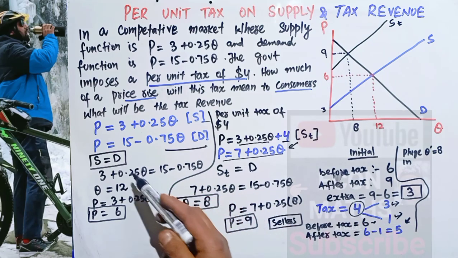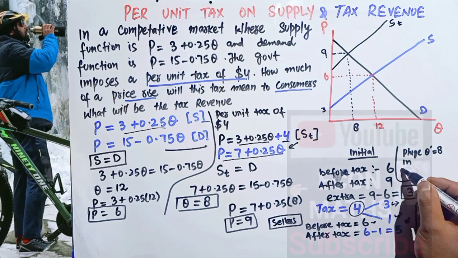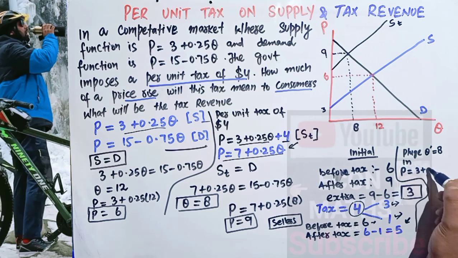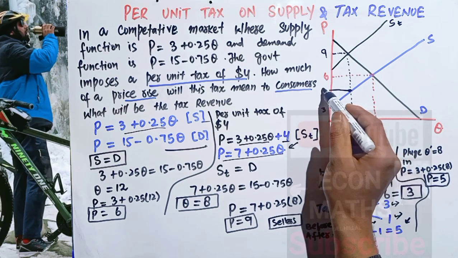The old supply function is the price that sellers will receive, equal to 3 plus 0.25 of 8. So 0.25 of 8 is 2, so that's 5. That means the price that sellers will receive is 5. Here it will be 5.